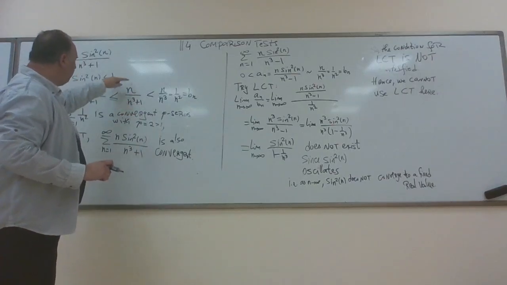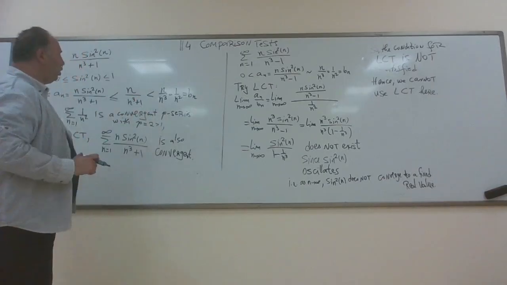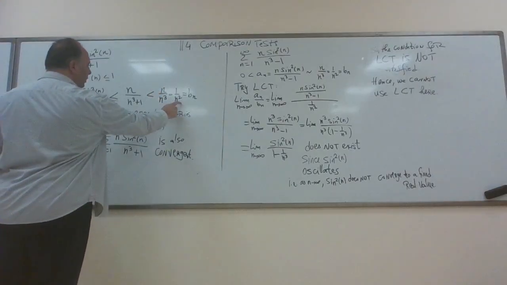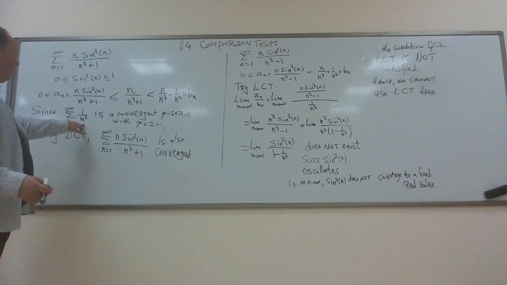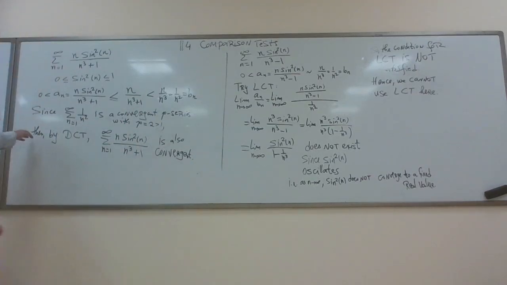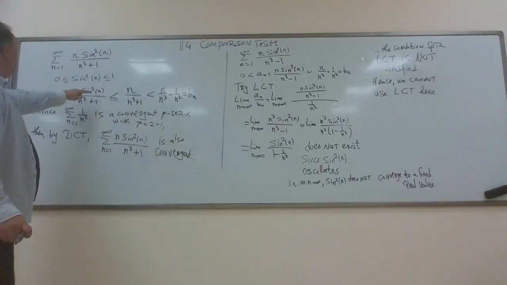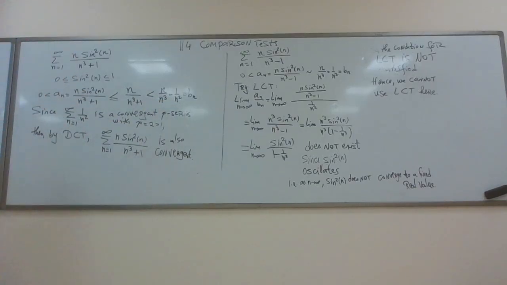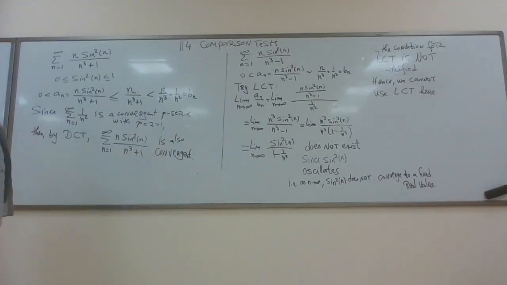So when we divide by a bigger number, we get a smaller result than if we divide just by n cubed. Here it simplifies and we get 1 over n squared as our comparing series. That's good news because 1 over n squared is a convergent p-series with p equal 2. Then by the direct comparison test, since the bigger series is convergent, the smaller series must be convergent. So that's helping us to conclude that our original series is convergent as well.